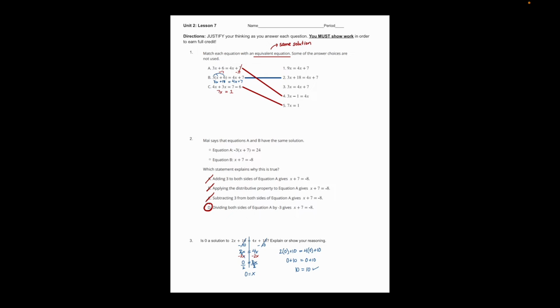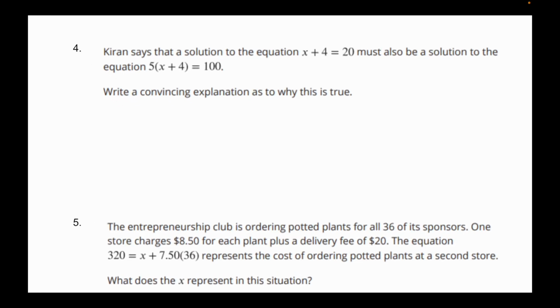But that's going to be it for the front side. So let's flip over. We got a couple pages on this one. Question 4, Kieran says that a solution to the equation x plus 4 equals 20 must also be a solution to the equation 5 times x plus 4 equals 100. Write a convincing explanation as to why this is true.